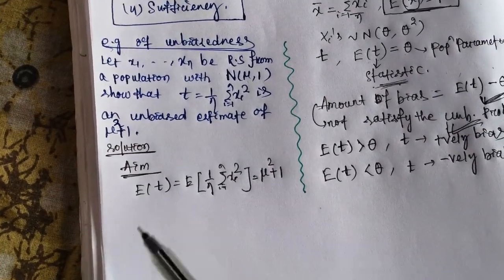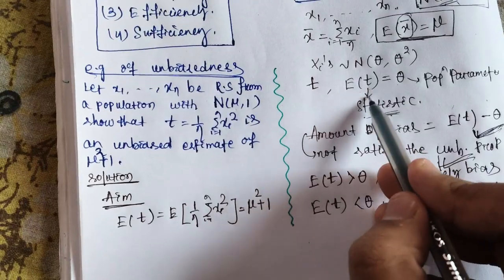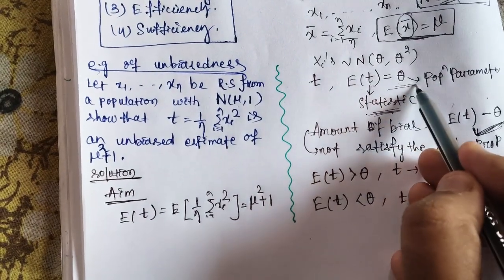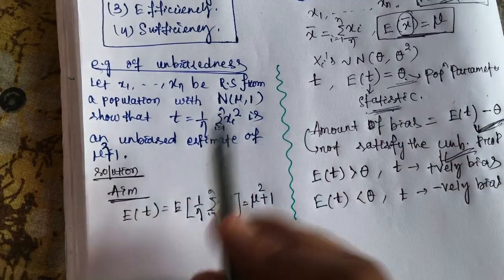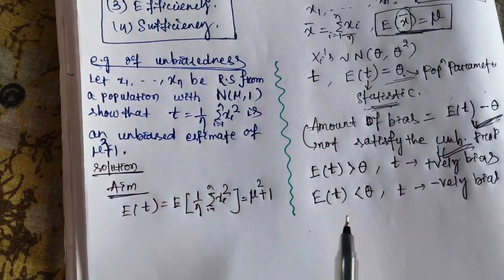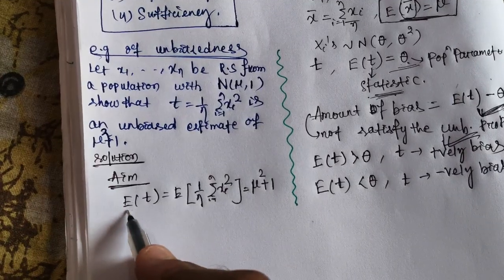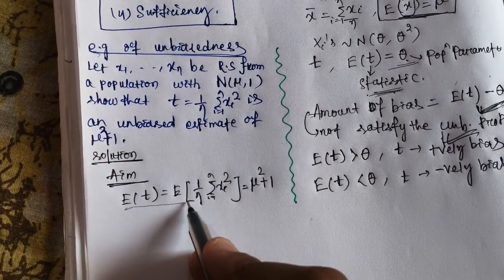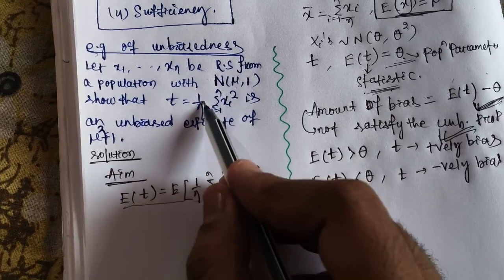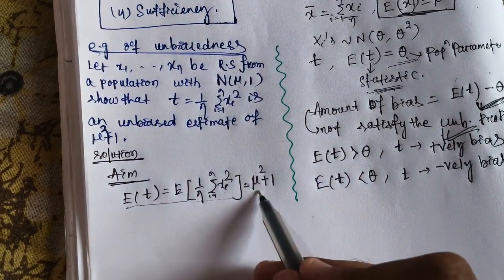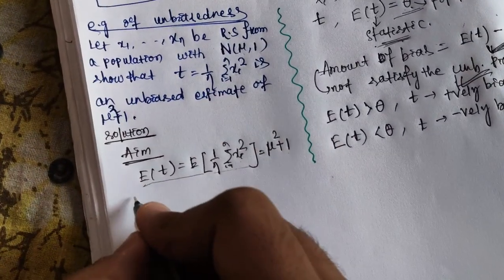So what is our aim? According to the definition, if the expected value of the statistic gives the population parameter, then we can say the estimator is unbiased. So our aim is to prove that expected value of t, that is expected value of 1 by n summation xi square, will equal mu square plus 1. So now how to do that?